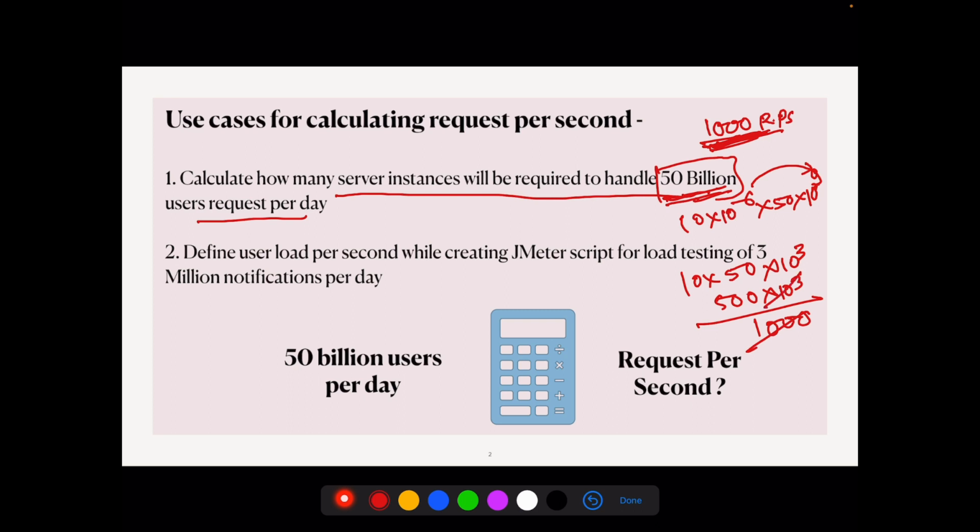And you know, I can round it off. So 500 is the number. This many servers I will require for handling 50 billion requests per day, considering my one server instance can handle 1000 requests per second. Okay, so that's how we are going to calculate.